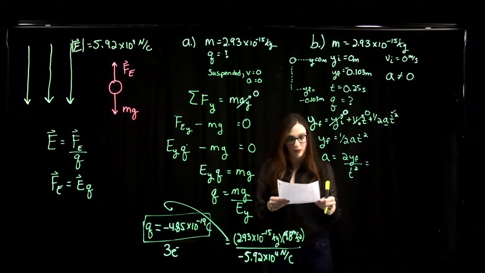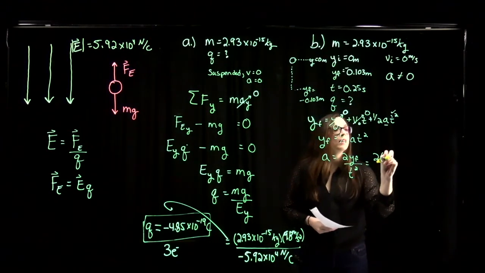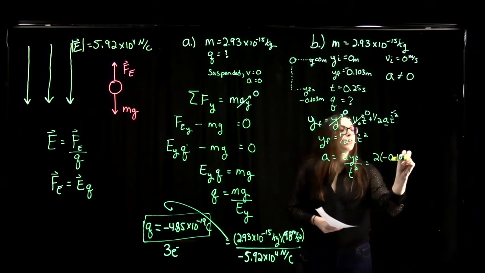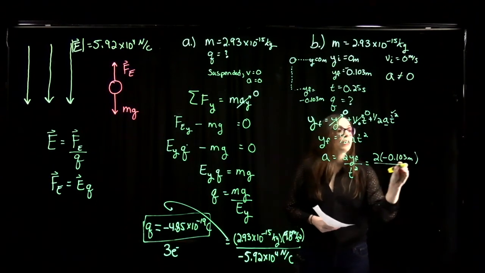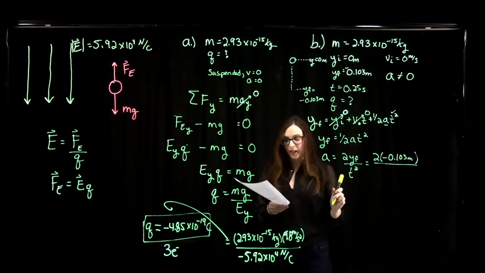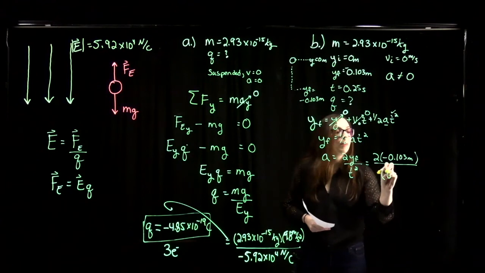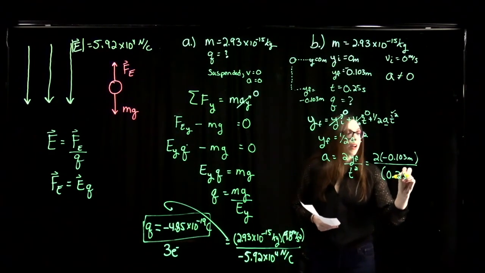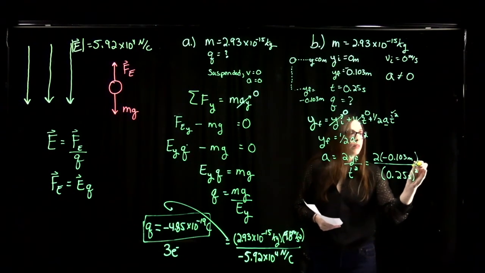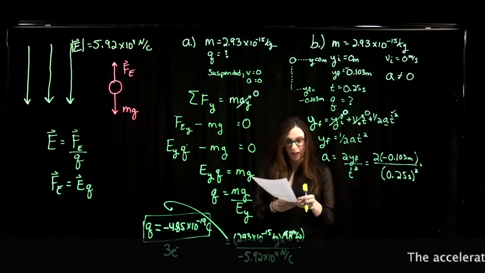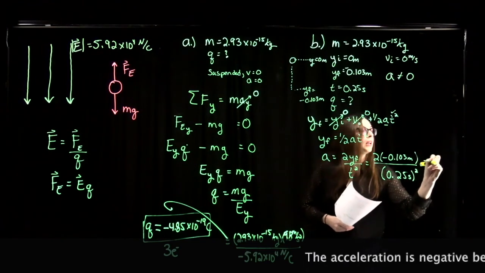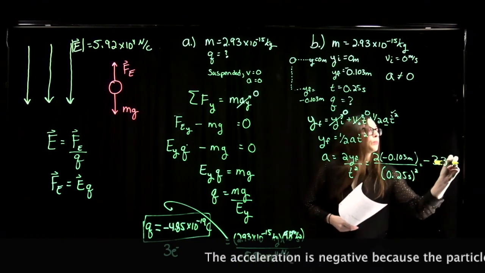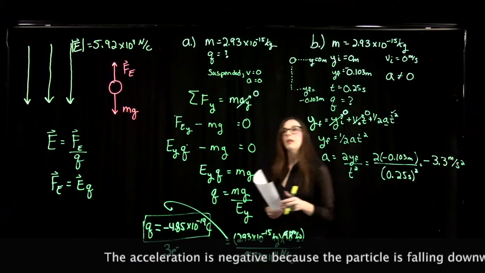And that will equal 2 times minus 0.103 meters. This is negative because our particle is falling. And then our time it takes for the particle to fall this distance is 0.25 seconds squared, right? And that gives us an acceleration of minus 3.3 meters per second squared.